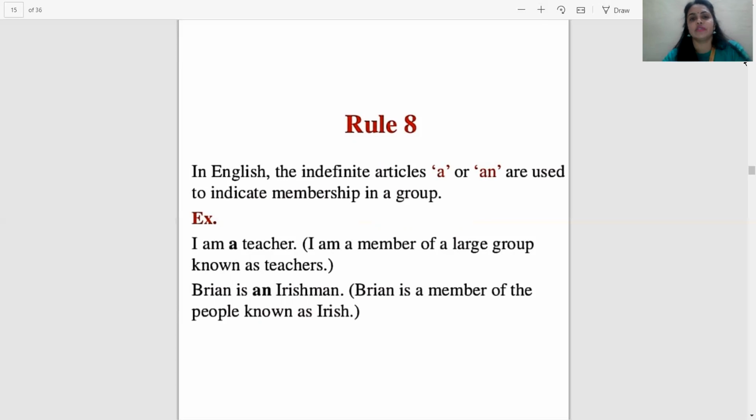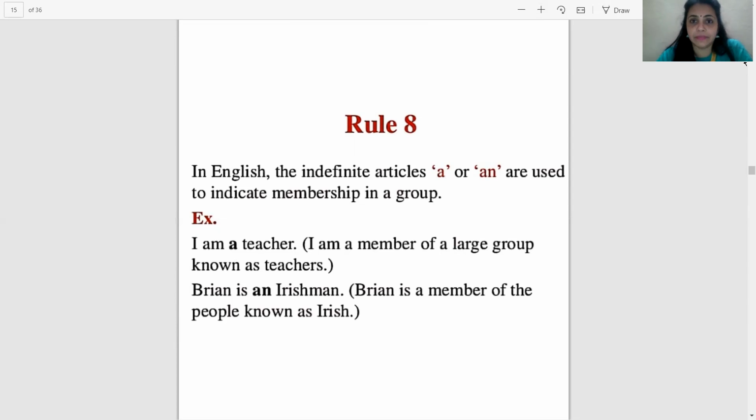How does it differ? When I say a teacher, it is T, a consonant sound with a consonant letter. Naturally, the article used will be a. If I say an engineer, naturally the sound is a vowel sound. That is why we use an.